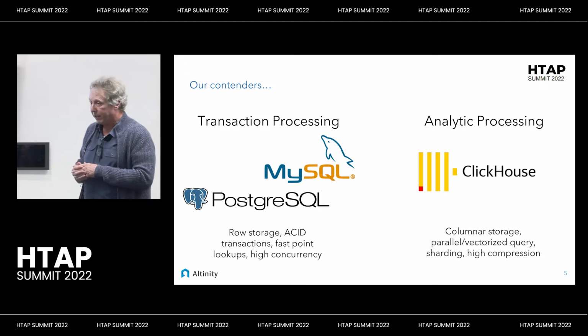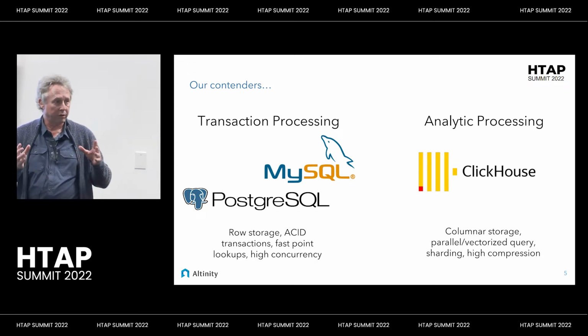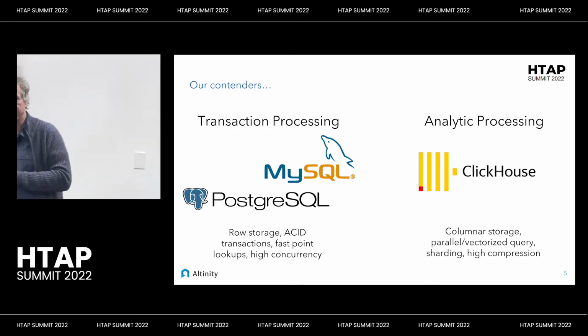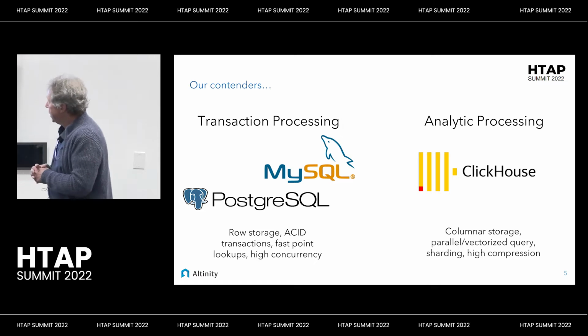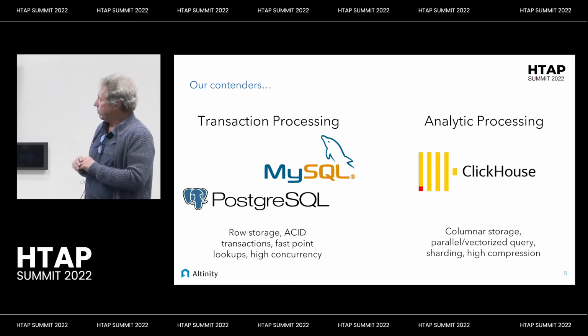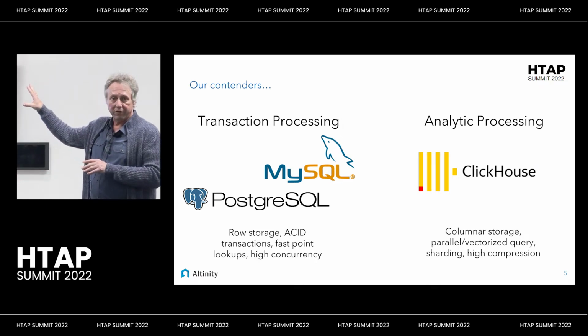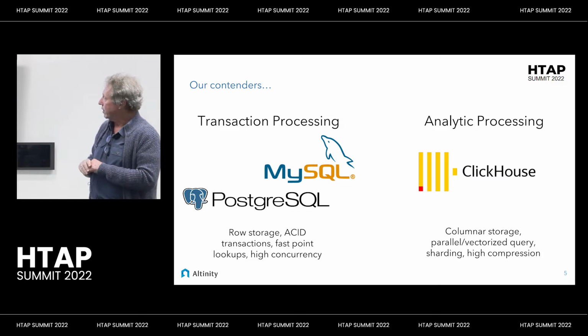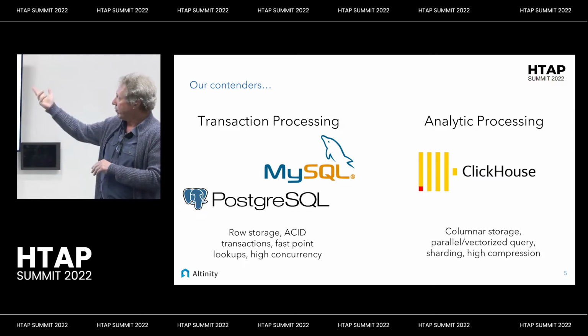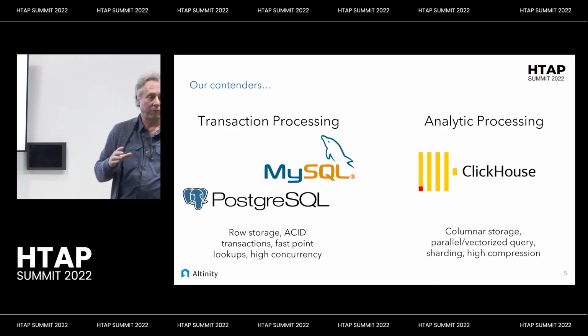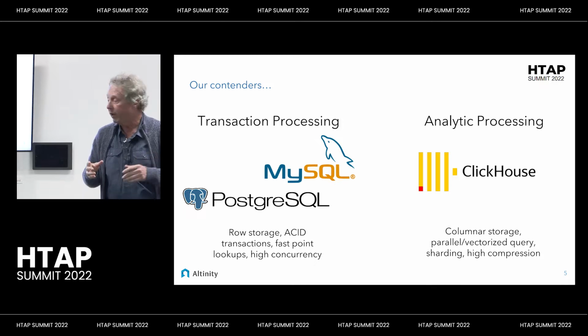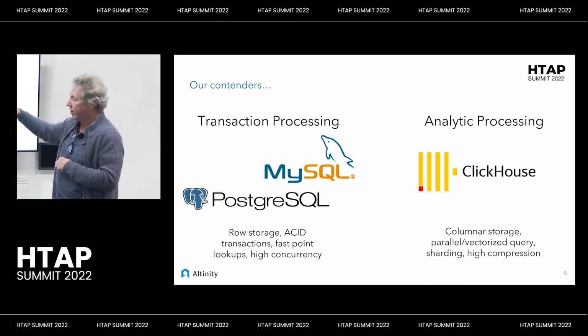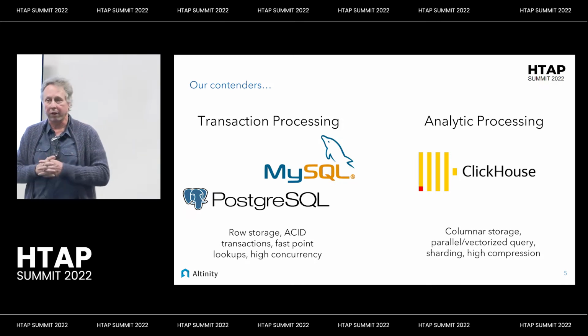So right now in the open source community, there are a number of databases that do each of these things well. I don't want to diss anybody, but I'm just going to focus on three databases for this talk, and in fact, mostly on two. On the transaction processing side, in the open source world, the two big winners right now are MySQL and Postgres for straight-up transaction processing.